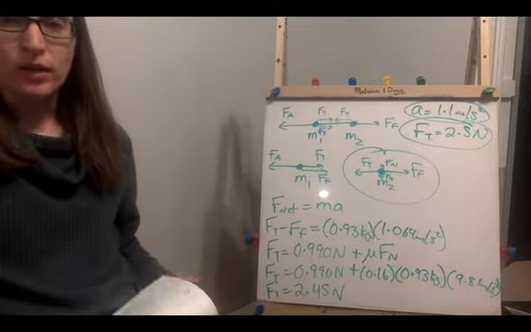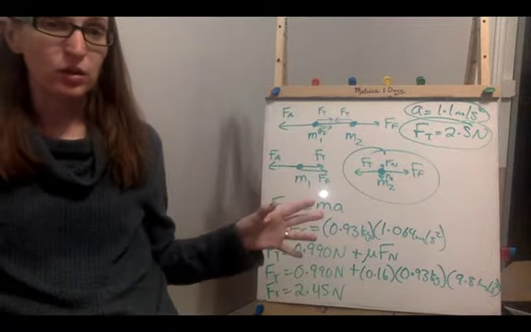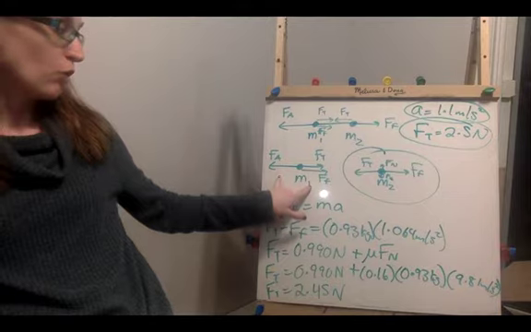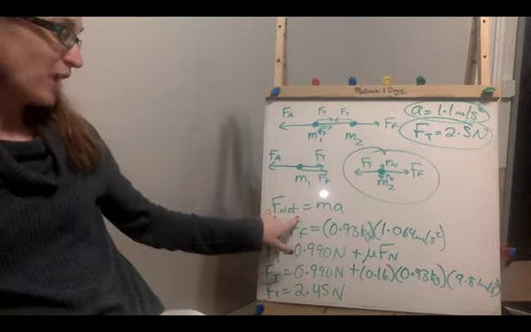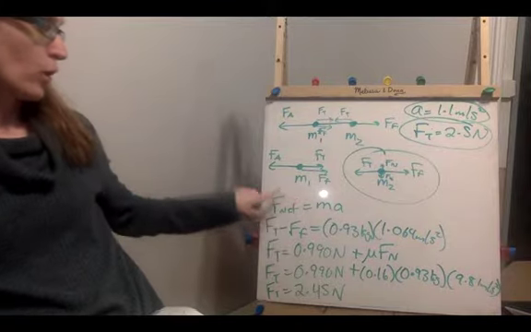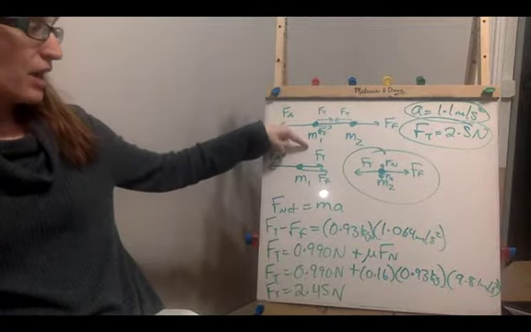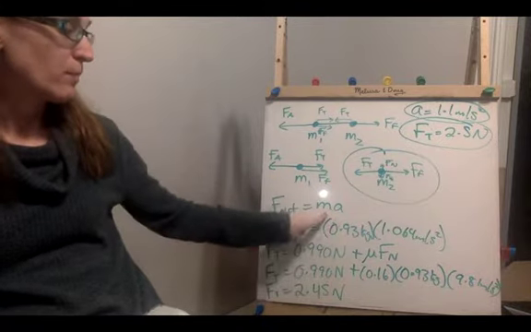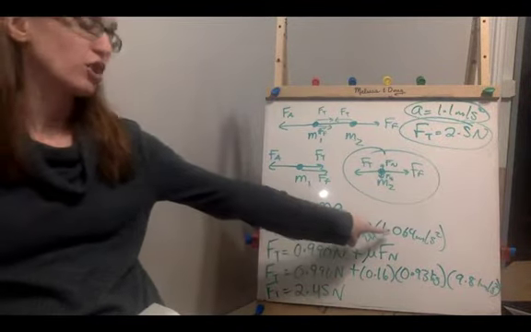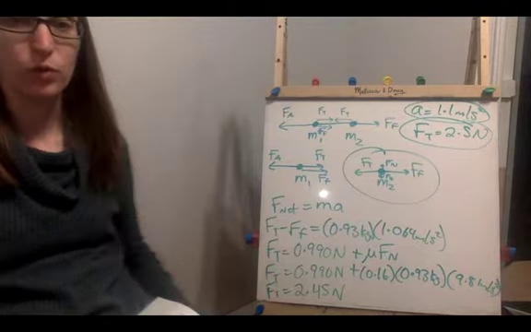Okay, now like I said, you can choose your mass here. So what you could have done is dealt with m1, right? But then what would have happened is that your F net would have involved 3 forces, where it would have been Fa minus Ft minus Ff equals, and then this mass would have been 1.5, but the acceleration would have stayed the same at that 1.064, right?